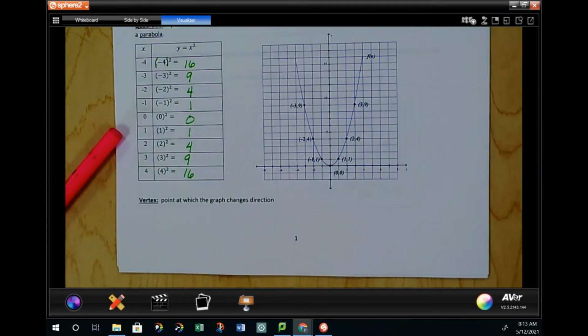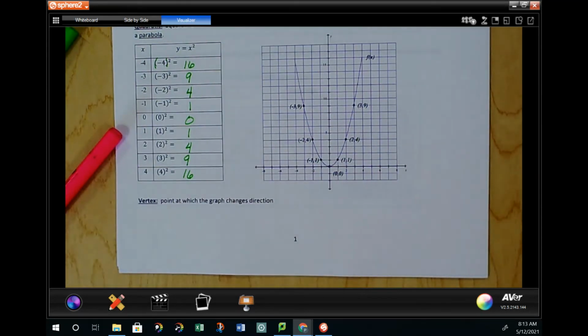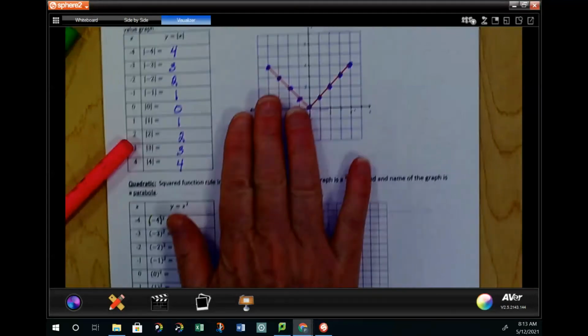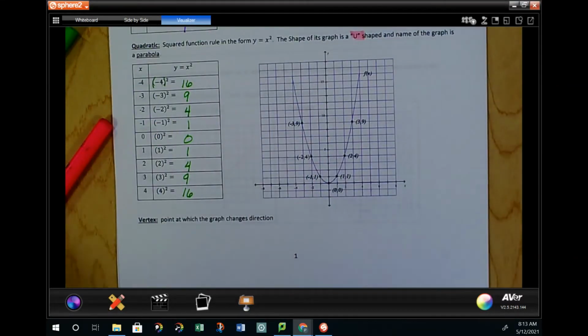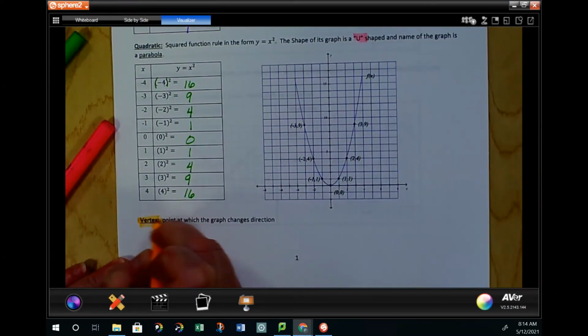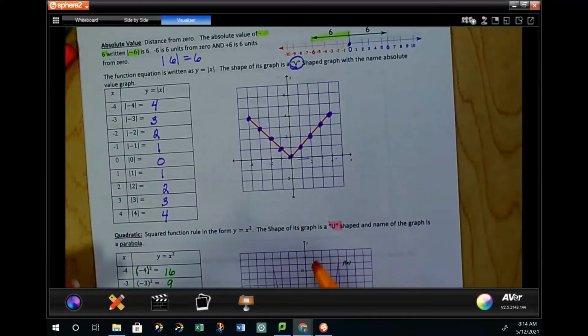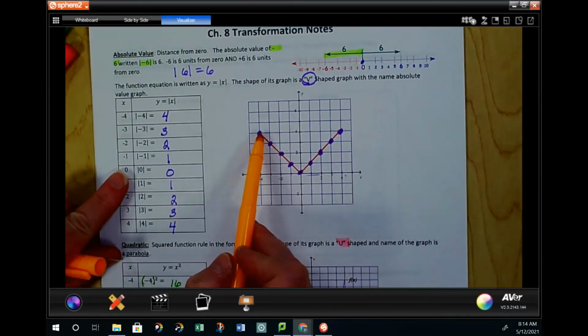What I want you to notice, and this is really important: with these absolute value graphs and quadratics, we have what is called the vertex. That's the point where the direction changes. If I look at this, I'm going down, down, down.